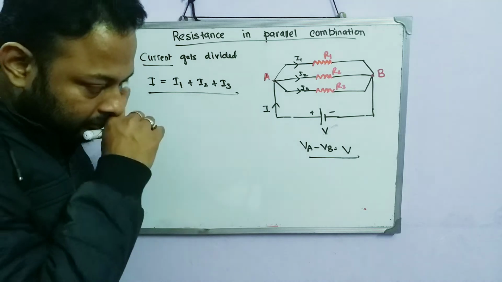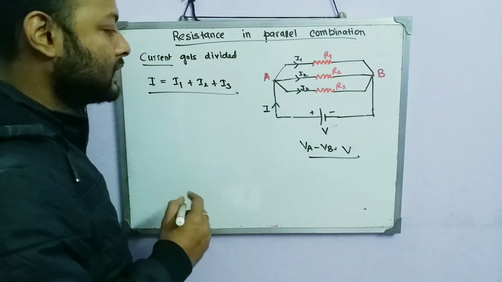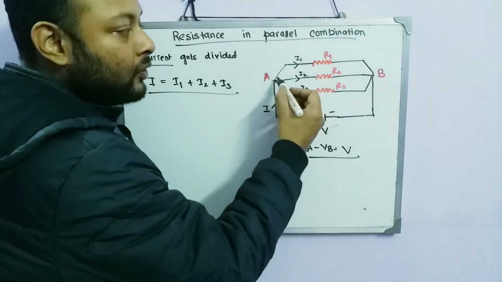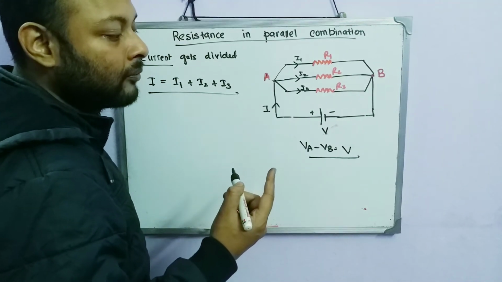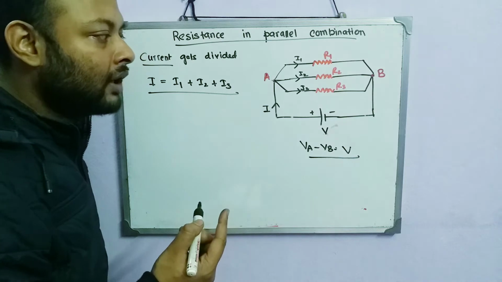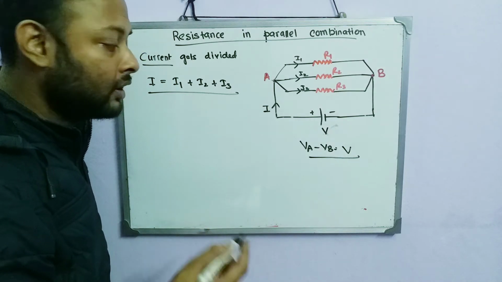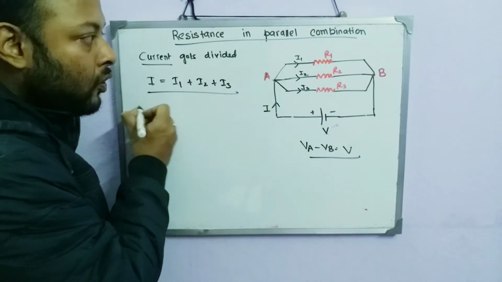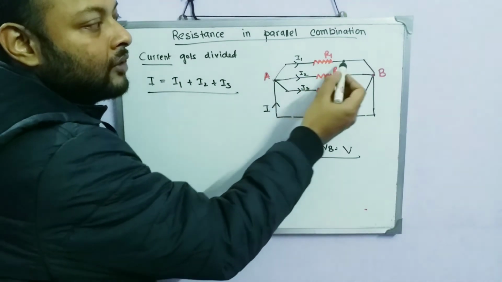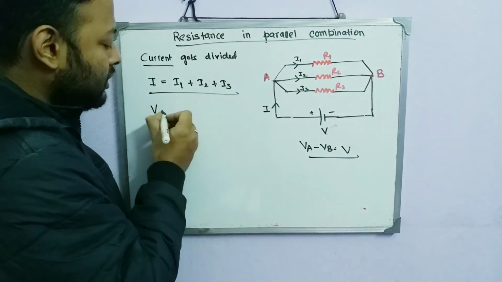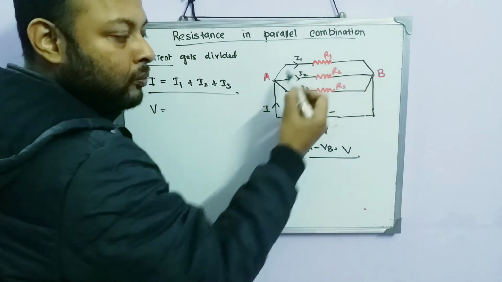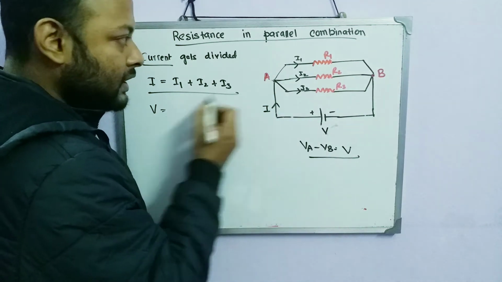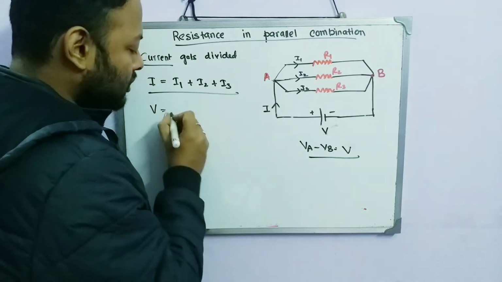Now, if I go for this current I1, I need to find the value of I1. How will I do that? I will use Ohm's law only. Using Ohm's law, for the first wire, the potential across this top wire is V only. V is equal to I1 into R1.